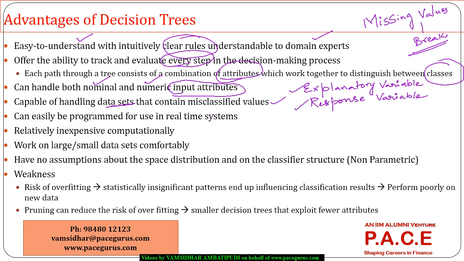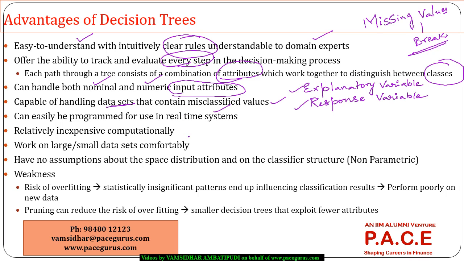They can be easily programmed for use in real-time systems. Even the computational cost is low. We don't need highly powerful systems for creating decision trees.